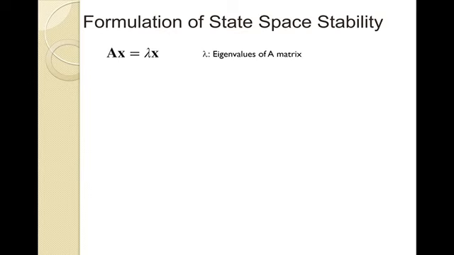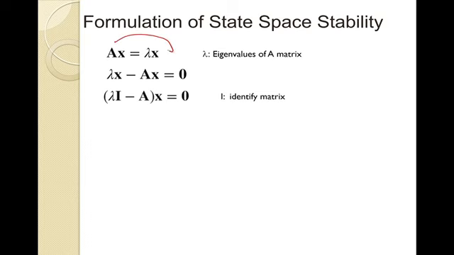And don't be so worried about the terminology as we go through this. We're going to show you how this gets mapped into creating a stability case for the state space. So if these are the eigenvalues, we take the lambda x and the Ax and put them on the same side. We'll move the Ax term over, and we'll see that we have this relationship: lambda x minus Ax is going to be equal to 0.